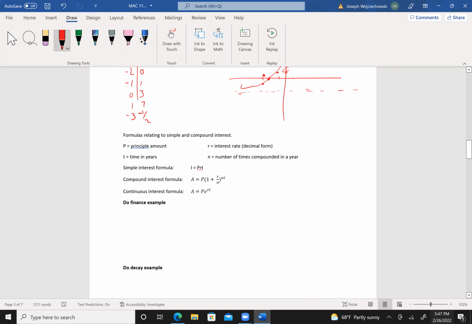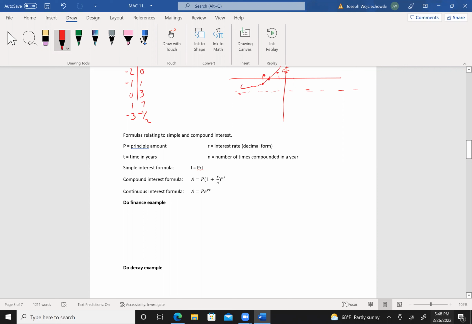R is the interest rate in decimal form. N is the number of times compounded in a year. So we have our simple interest: interest equals PRT. Compound interest, A equals P times 1 plus R over N to the NT. And we have our continuous interest, which is A equals P times e, the constant e, to the RT.